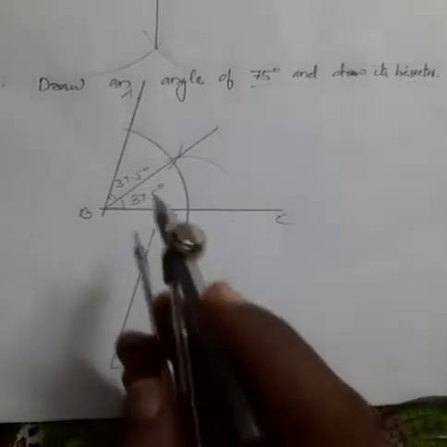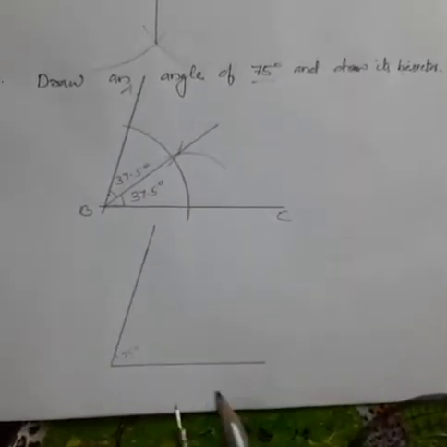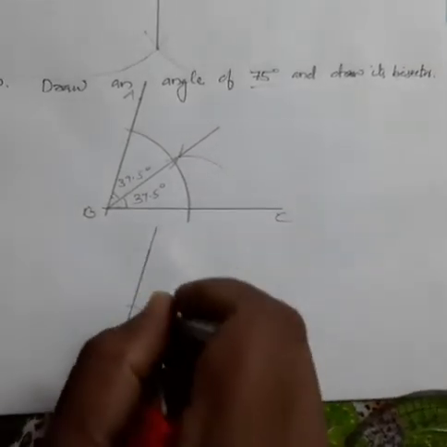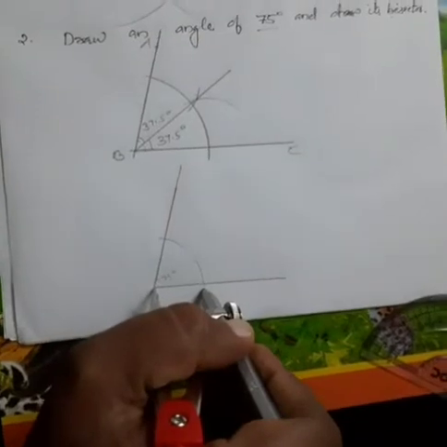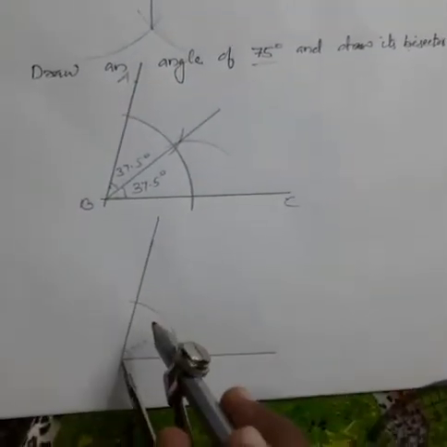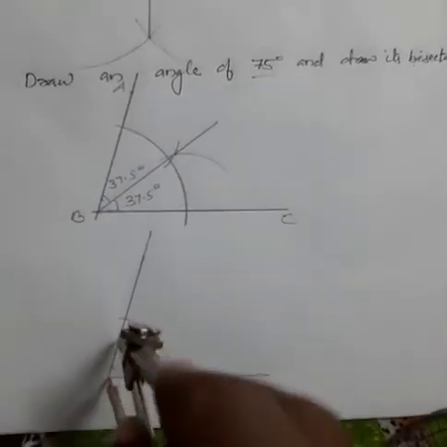See again how to draw an angle bisector. First draw a 75 degree angle. Then from this point draw an arc like this. Then take more than half of the arc.